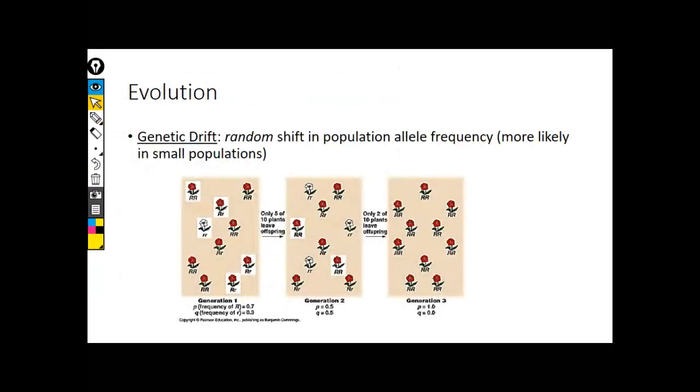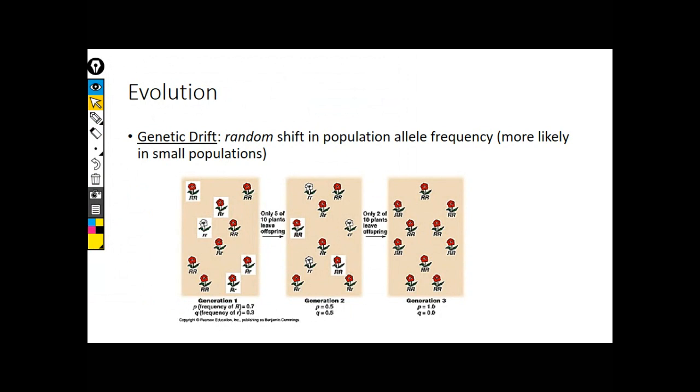All right, so let's take a peek here. So remember, there are different mechanisms that do cause changes in population genotypes and phenotypes. Okay, so remember, the genotype is the genetic structure of the way a population looks or acts, right? And the phenotype is the physical expression or manifestation of that.